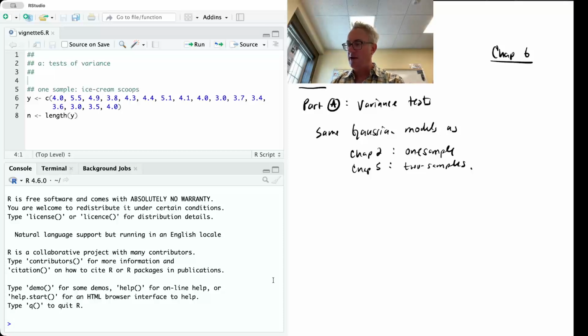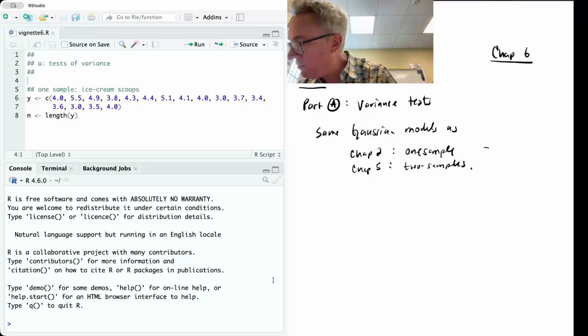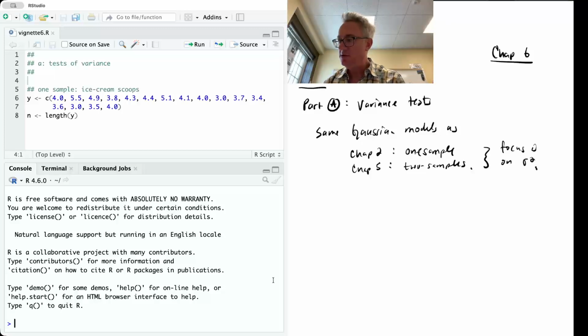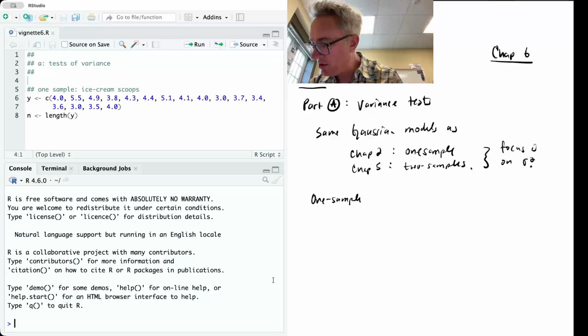And we'll take those in turn, but now we're doing a test of variance, so the focus is on sigma squared. Okay, so that's kind of gross. So one thing at a time. So we'll start with one sample tests.